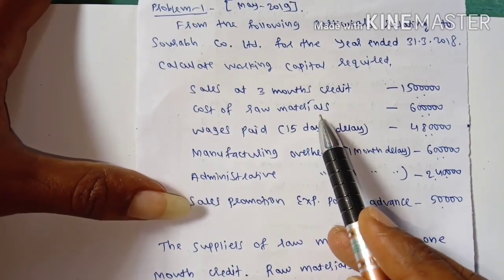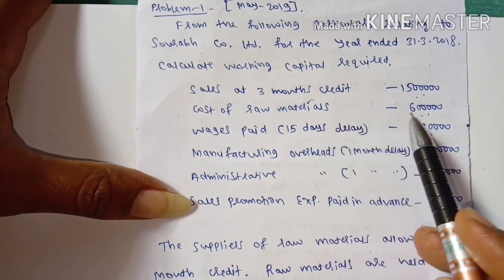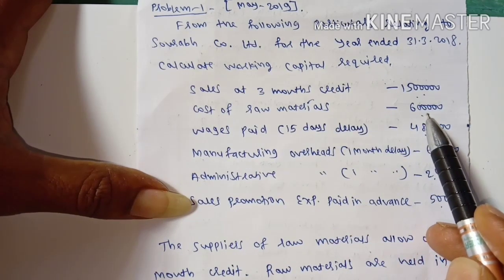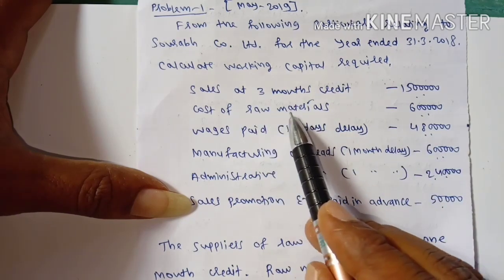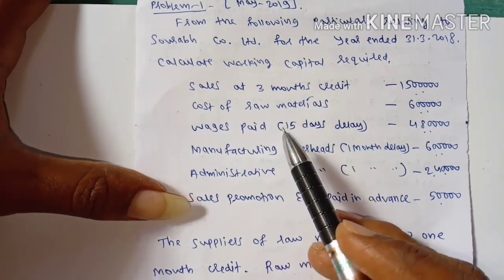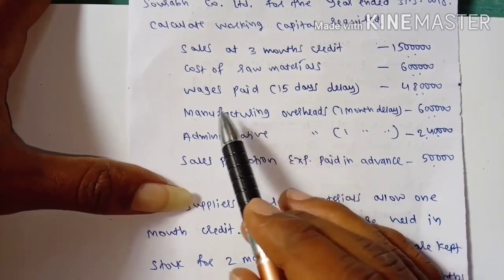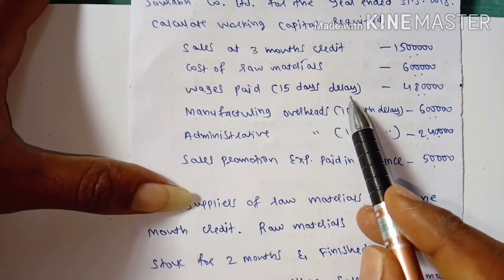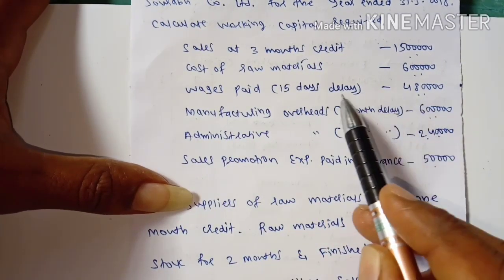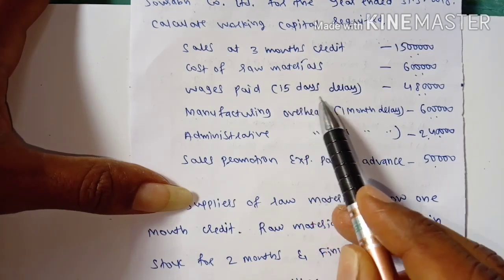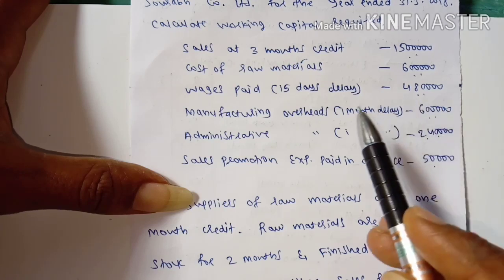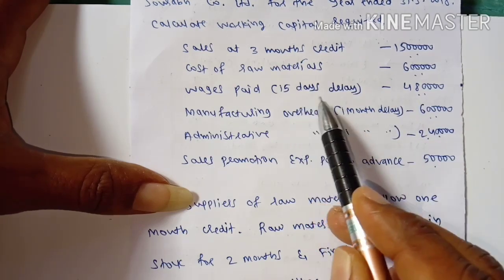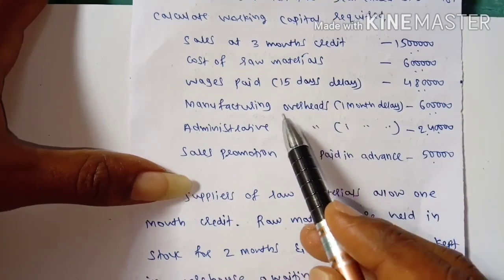Whatever raw materials are purchased, the cost of those raw materials is 6 lakh rupees. These raw materials are purchased from suppliers. Next, wages paid 15 days delay. So 15 days delay means they are outstanding for 15 days, 4,80,000. So these are very important things for calculation purpose.